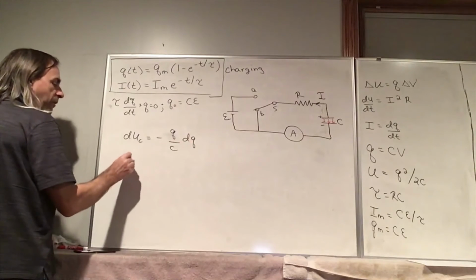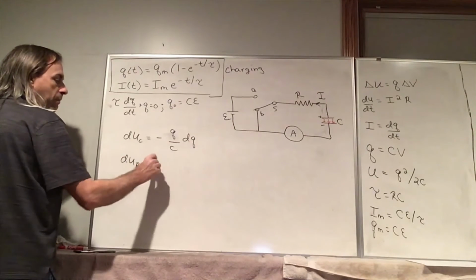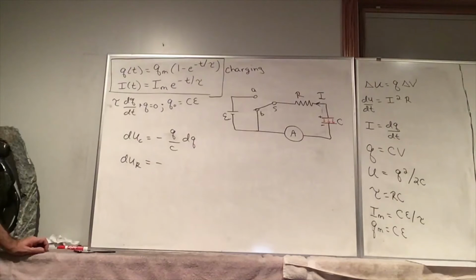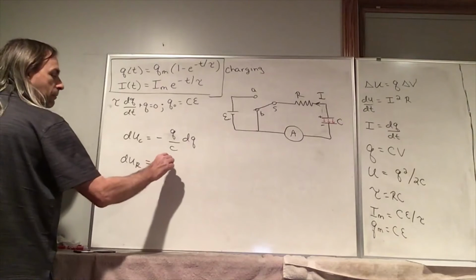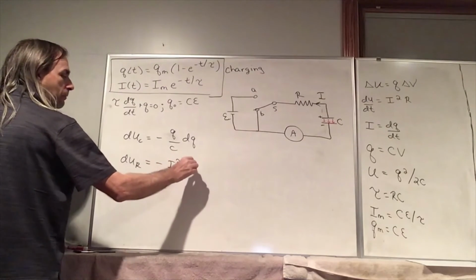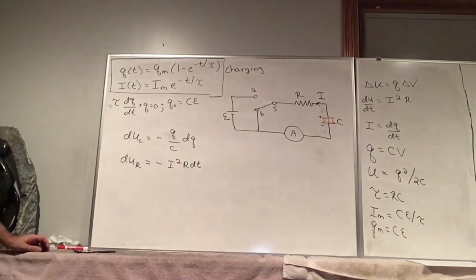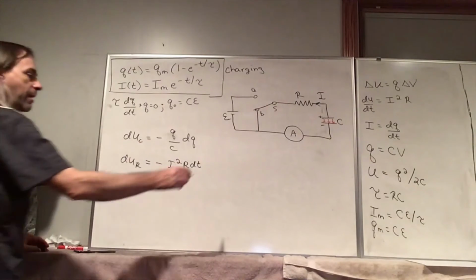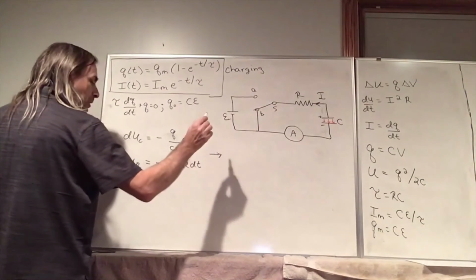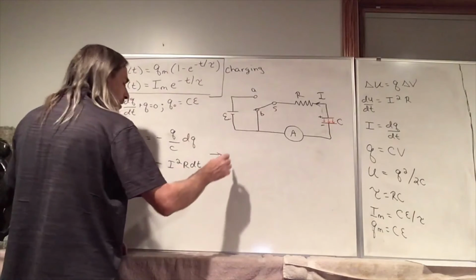And then dU for the resistor. That's being converted into heat, so that's I squared R dt. Basically, if we just follow what we had before, I'll do that real quickly. Sorry about this. It's always good to make a mistake right in the beginning.